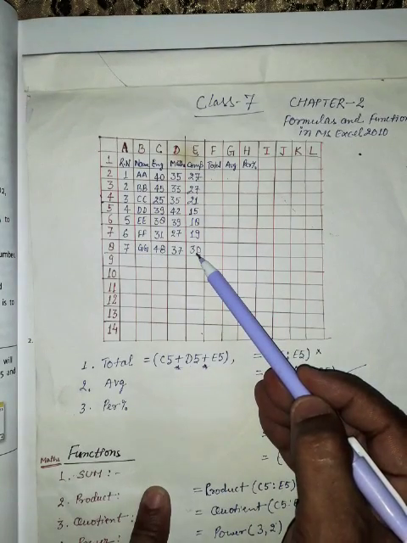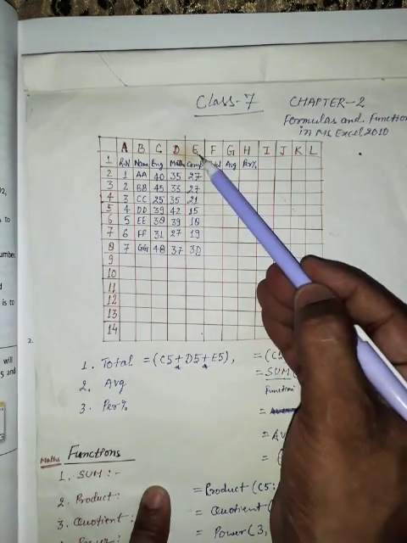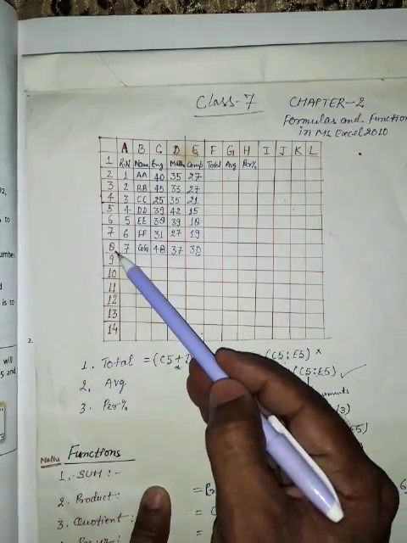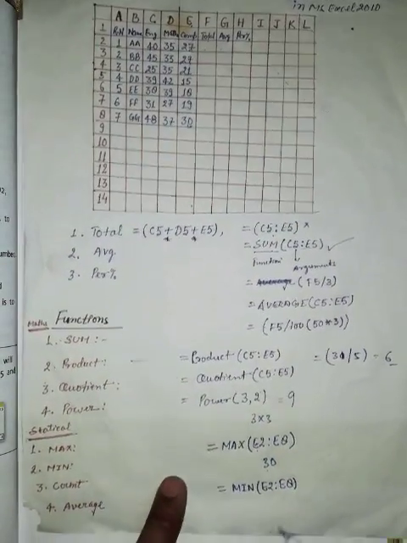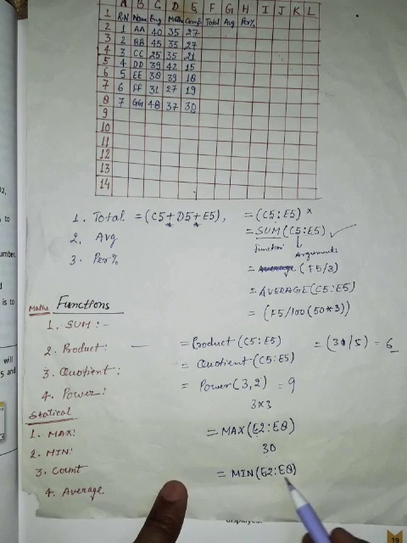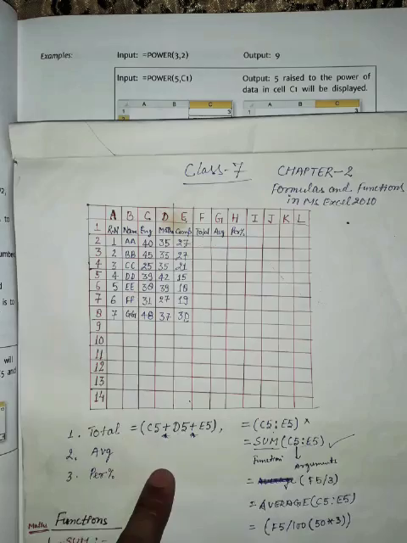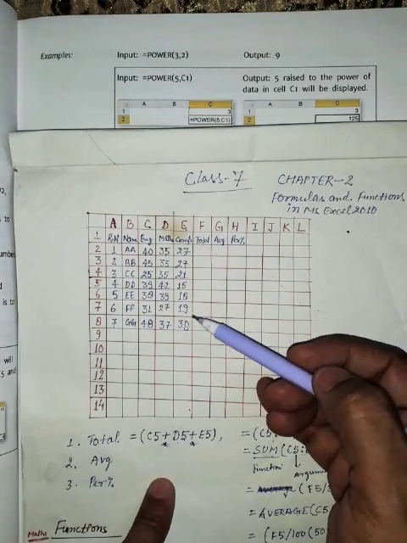The last cell address of this subject is in column E and row 8, so E8. Then our range will be E2 to E8, and we will get the least value in the given numbers here.